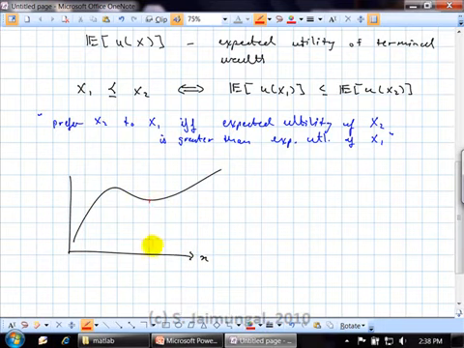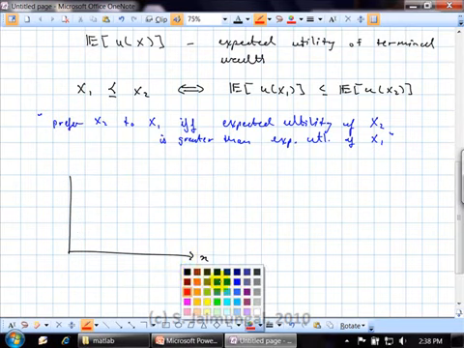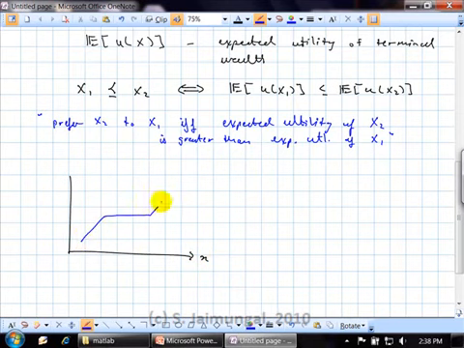Yeah, you don't want to have more wealth and less utility. So clearly you have to be increasing. Now, it could be increasing like this. And again, there's something wrong with that, right? I have more wealth and the same utility. I should always prefer more to less. So what about this?